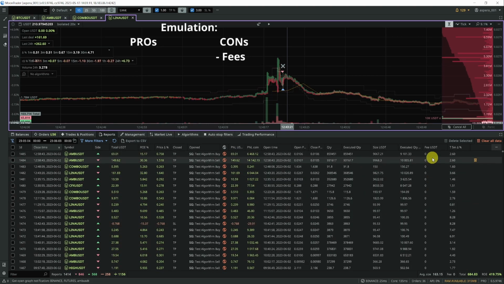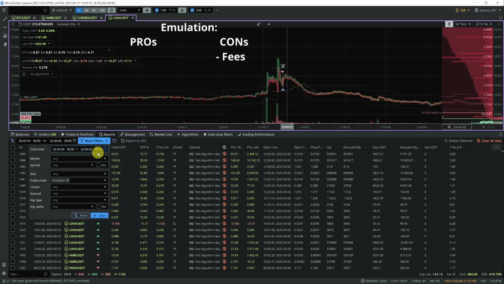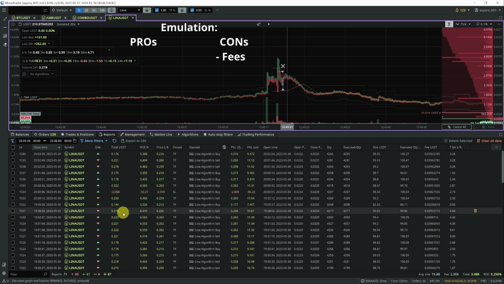As you may remember, when you pay fees, every loss you have is now bigger, and every profit you have is getting smaller. We can look at the real trades instead of emulated ones here in the filters, and this gives us what?